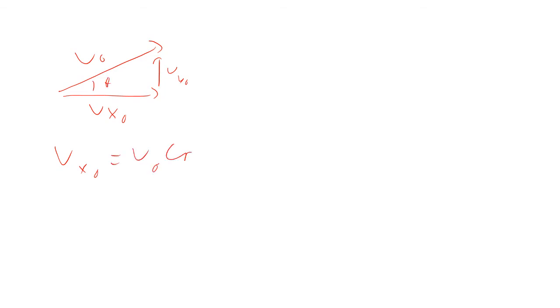We don't know v naught, but we need vx naught and vy naught. We know that vx naught is v naught times cosine of the angle, and vy naught is v naught sine of the angle.